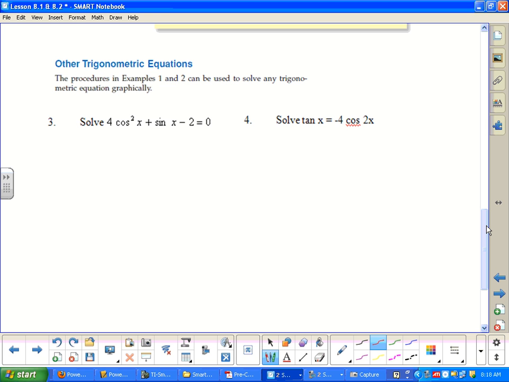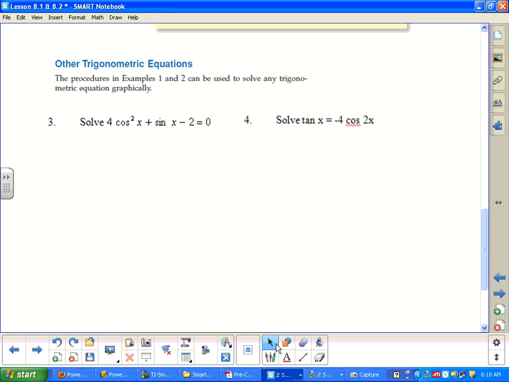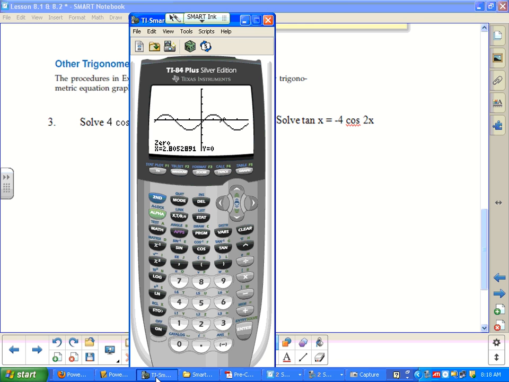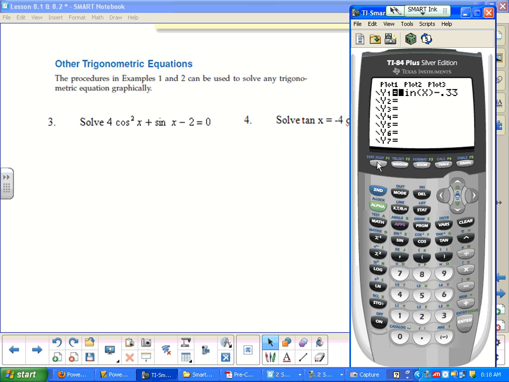So let's go ahead and put this in our y equals. So we have 4. That doesn't look right, does it?